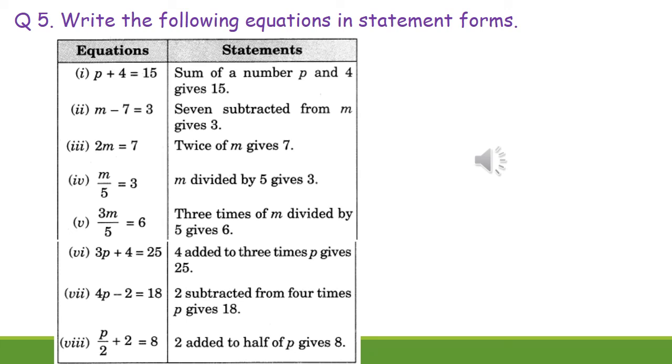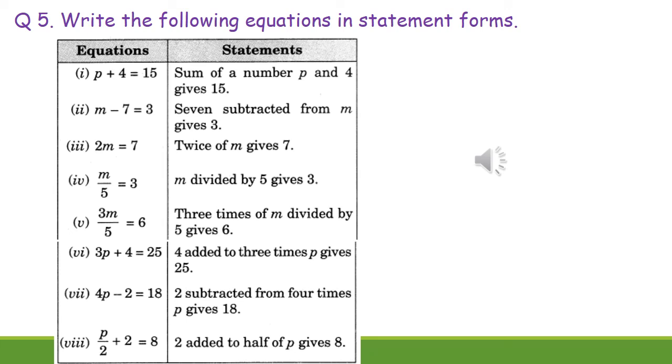Next one, m by 5 is equal to 3. m divided by 5 gives us 3. 3m by 5 is equal to 6. So 3 times of m divided by 5 gives 6. Part 6, 3p plus 4 is equal to 25. 4 added to 3 times of p gives 25.